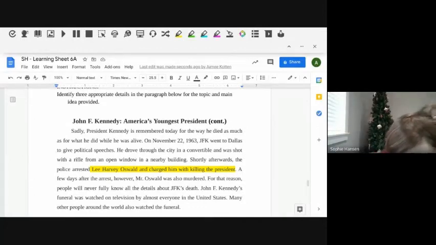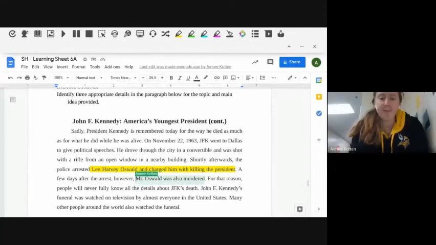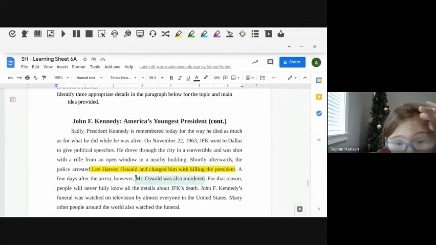However, Mr. Oswald was also murdered. Okay. What color should I highlight that in? After yellow, I think I'm gonna go with green. Okay.